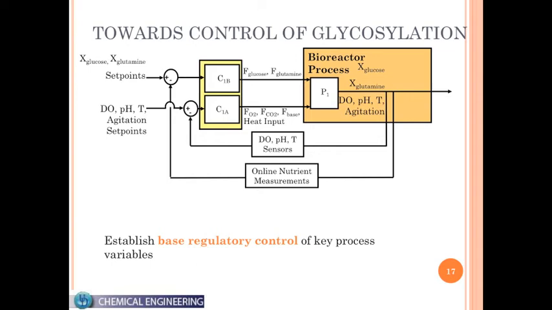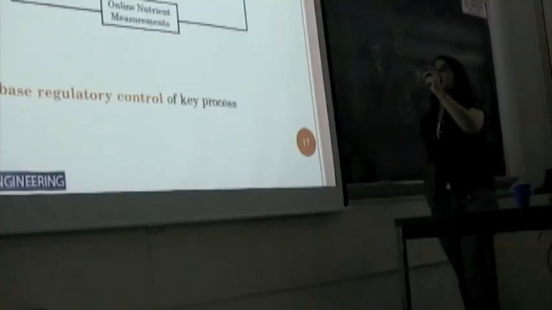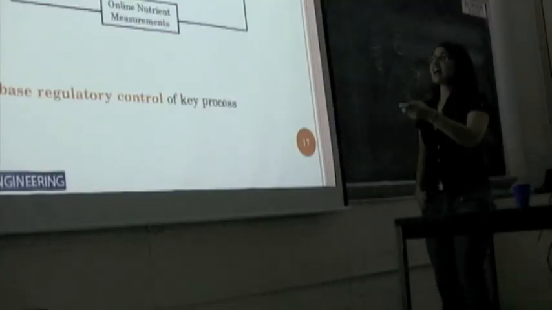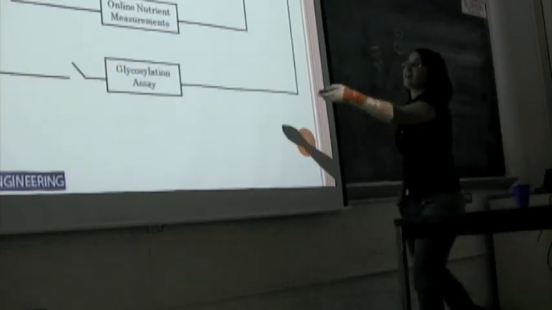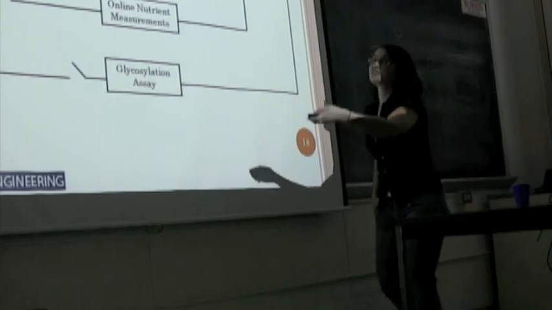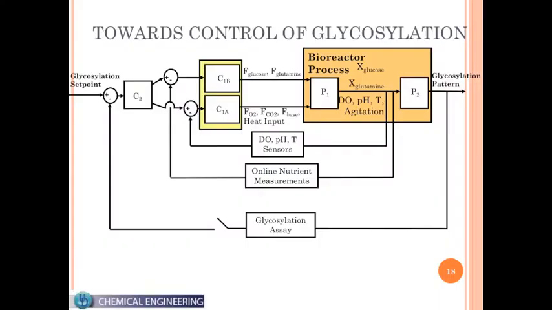All right, so if we add this second feedback control loop, we're able to control our glucose and our glutamine. But this doesn't actually control our glycosylation pattern. We can't actually manipulate it to where we want it to go. We can just establish set points. To actually control it online, we need to have another feedback loop where we have glycosylation assay measurements and a controller specifically for our glycosylation pattern.